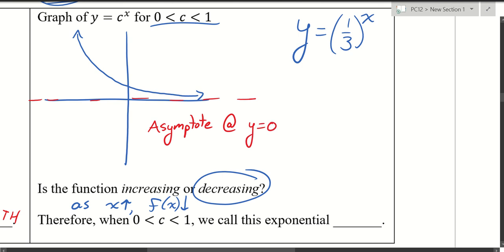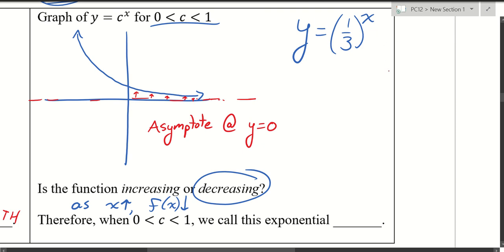We can see that as the inputs grow, the outputs of this function are actually getting smaller and smaller and smaller. There is no input that we could plug into this function that would give us a negative result. And so we can say that this function is never going to go below the x-axis.